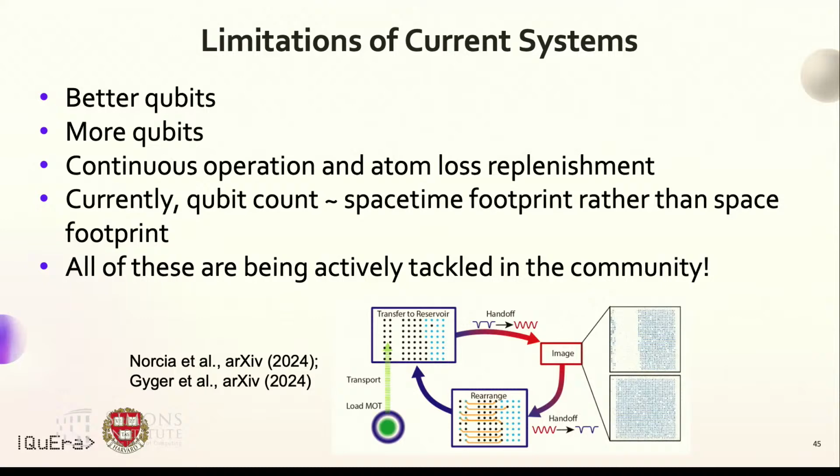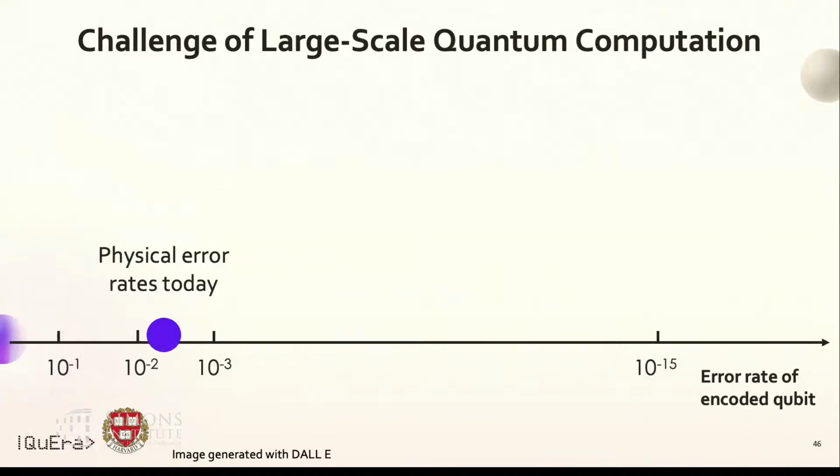That being said, all of these are being actively tackled in the community. A year ago, the same discussion was with mid-circuit measurement. Since then, we had 5 different approaches, all of which seem to work quite well. Here, we've already seen 2 papers starting to address this, some from Atom Computing, some from MPQ. And so I think it's very exciting, and I'm sure we'll see more of this.